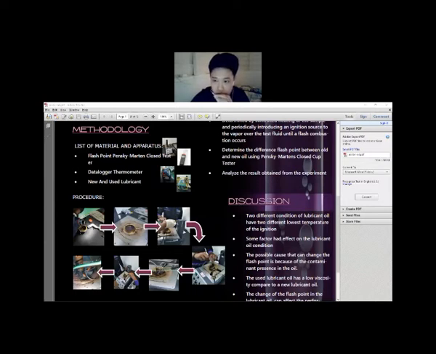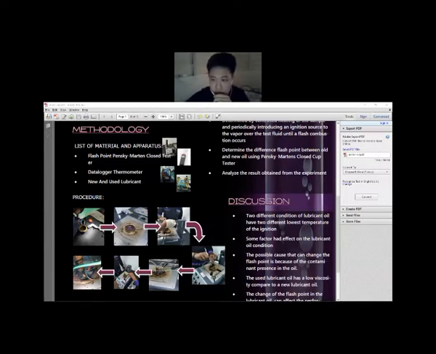Because the expected flash point of used lubricating oil is lower than new lubricating oil. So to save the time waiting for the system to cool down, we use the used lubricating oil first. Next, the test cup is put into the Pensky-Martens closed cup tester, and the lid is used to close the test cup.